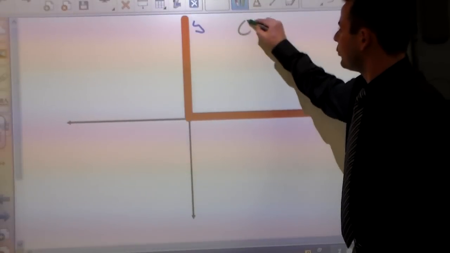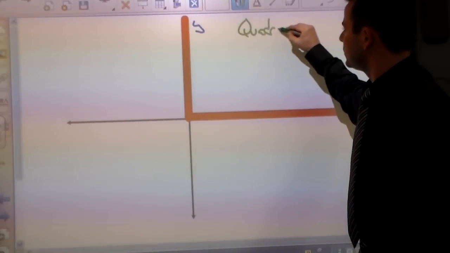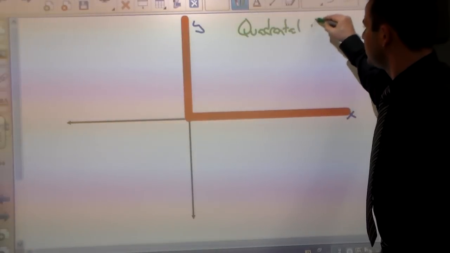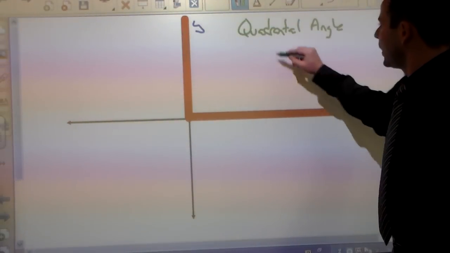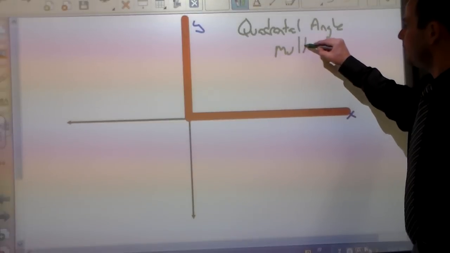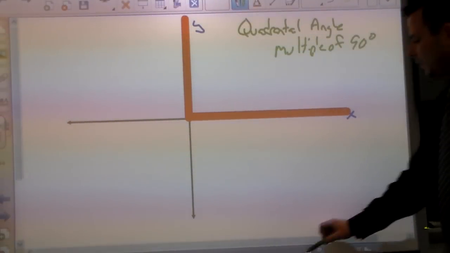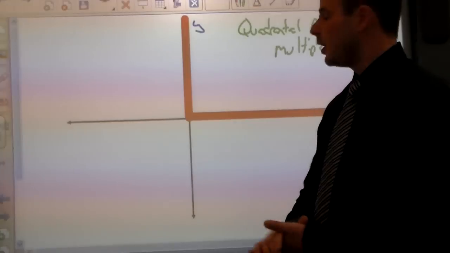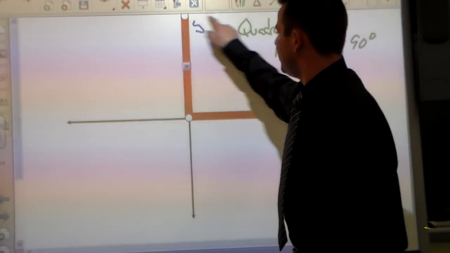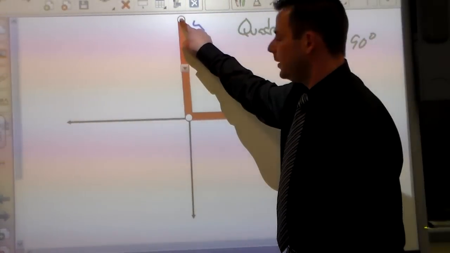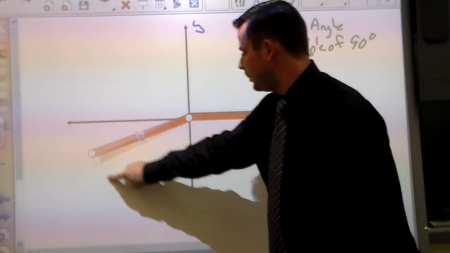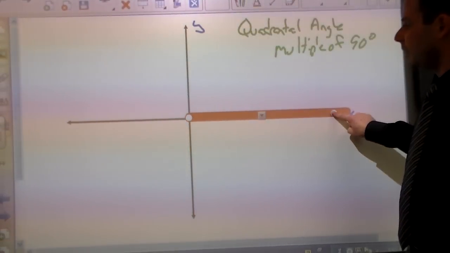Well, that's called a quadrantal angle. And that's just a multiple of 90 degrees. So some examples of quadrantal angles would be 90, 180, 270, and 360.